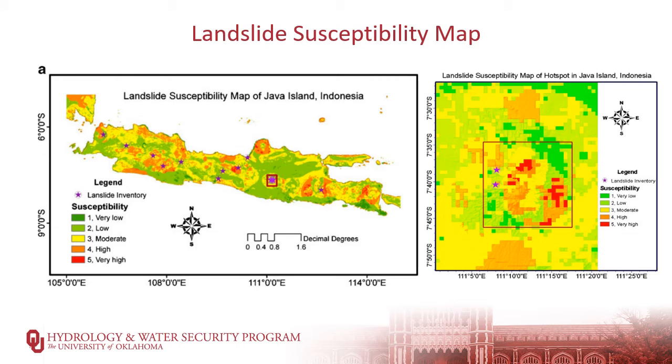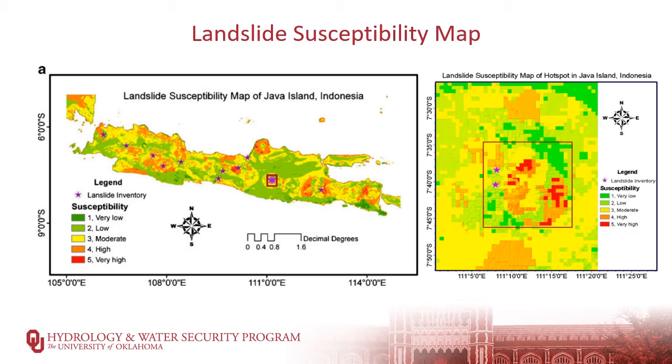This shows the landslide susceptibility map that was produced for this warning system. You can see here this is the susceptibility map of Java Island, the whole island. And this is a 1 kilometer spatial resolution to get the hotspot.